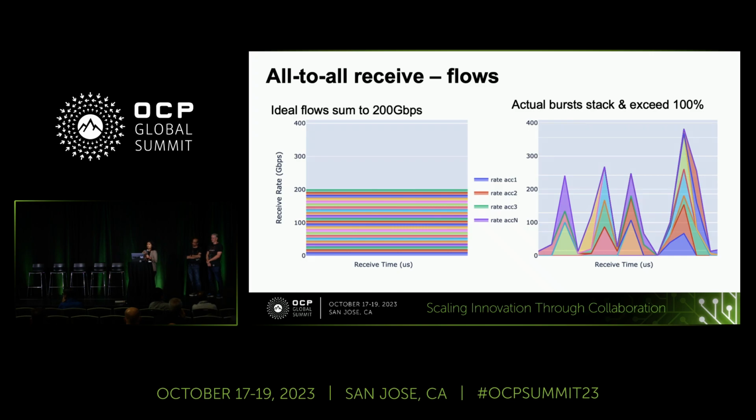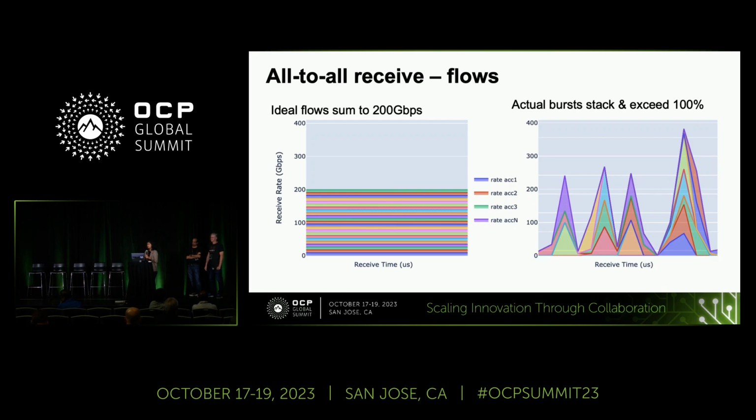Now, expanding on the ideal case scenario that we have seen in the previous slide, which is for just one single sender, now with multiple senders, we would still expect to see a uniform traffic pattern, but since we have more senders, all of this should add up to 200 gig in a 200 gig network. However, as you have seen in the figure on the right-hand side, we observe large bursts or spikes in the received rates. This is due to the stacking up or lining up of flows from different senders, thus exceeding the threshold.